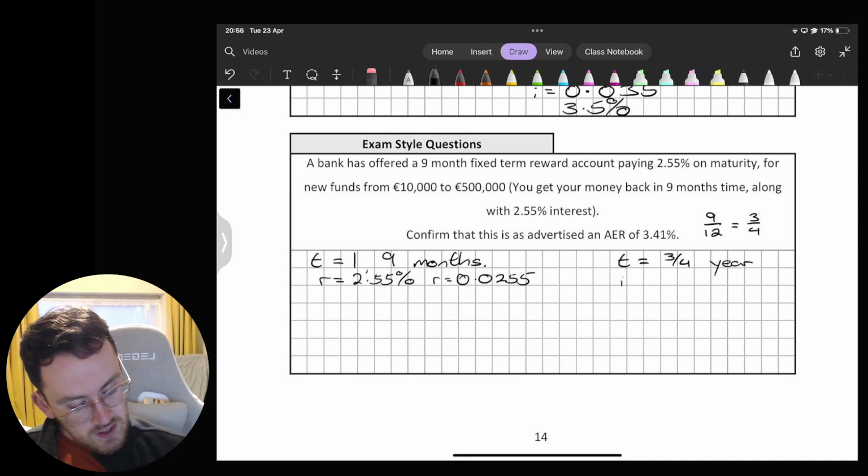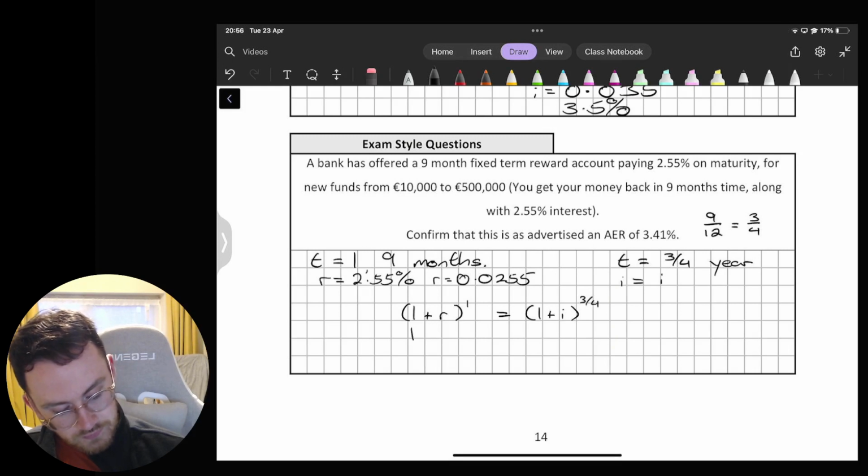And the interest rate that I have is the thing that is unknown so far. So 1 plus r for my 1 block of 9 months is the same as 1 plus i for my 3/4 of a year. 1.0255 equals 1 plus i to the power of 3/4.